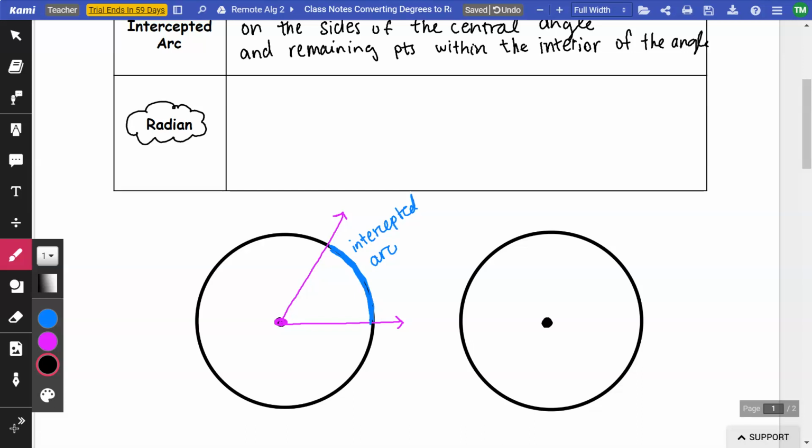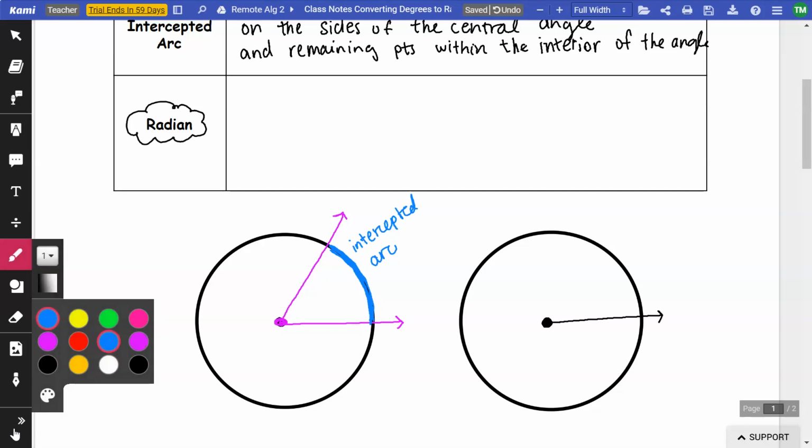For example, if I had the terminal side of an angle here, this distance from the center of the circle to the side of the circle is our radius, right? That's our radius. So if I create a central angle that has an intercepted arc that's the exact same distance as that radius, that creates an angle that is 1 radian.